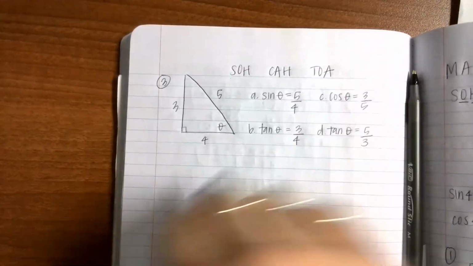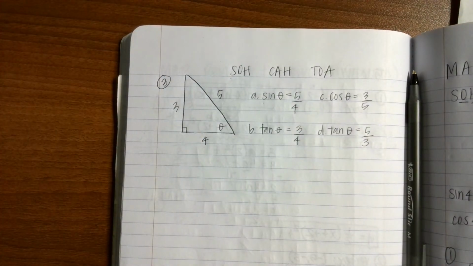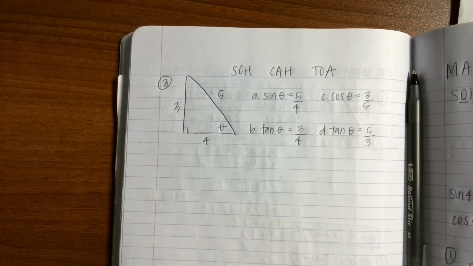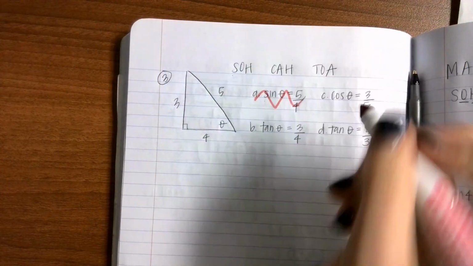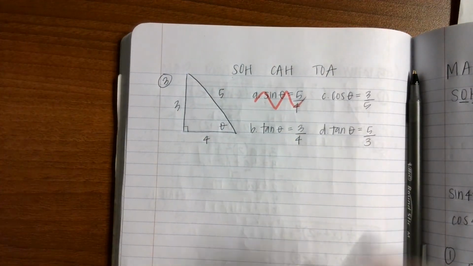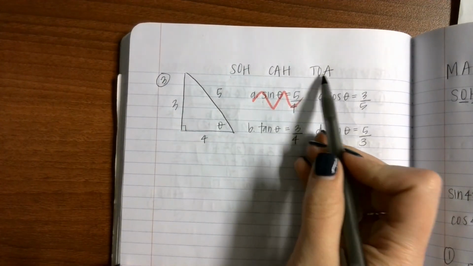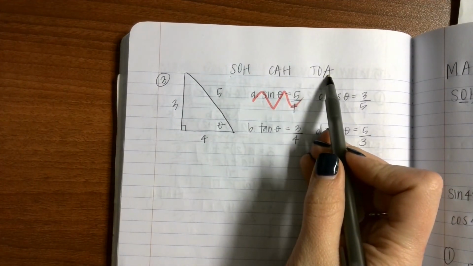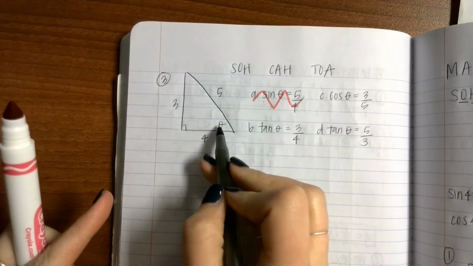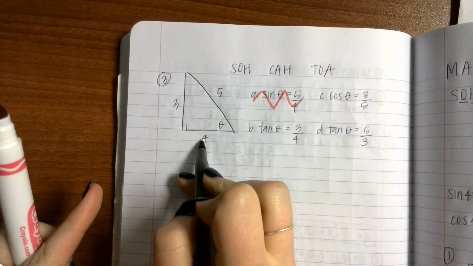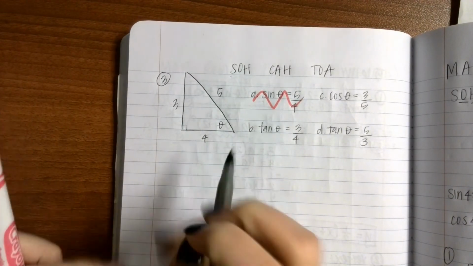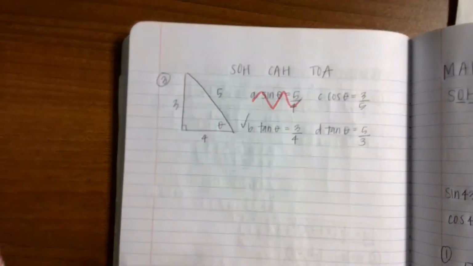So A is not the correct answer. B stands for tangent. Tangent is opposite over adjacent, or the angle, the side right next to the angle. So opposite is 3 and adjacent is 4. That is true. We're going to keep that one.